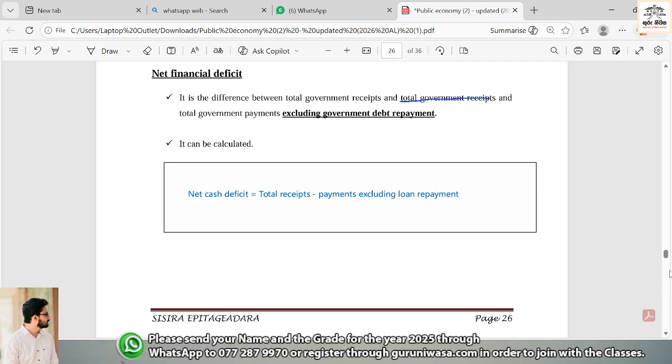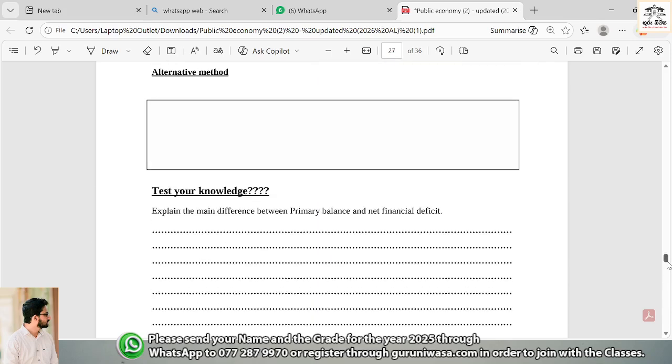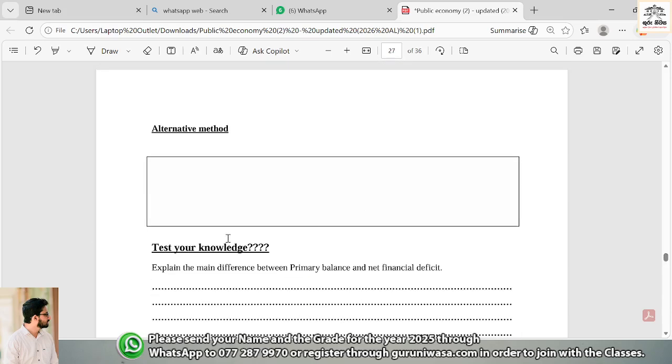Alternative equation, if you are given the primary account balance and I want you to calculate net cash deficit, how should you do it?